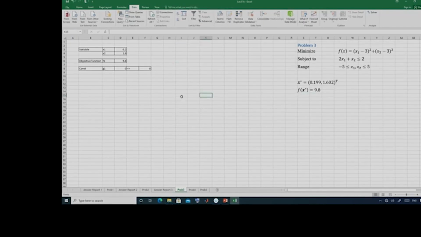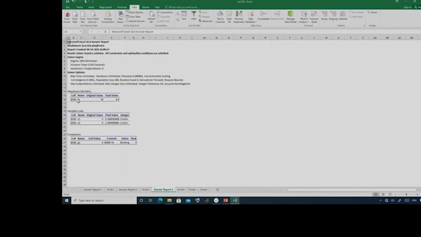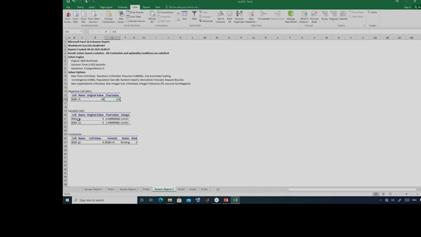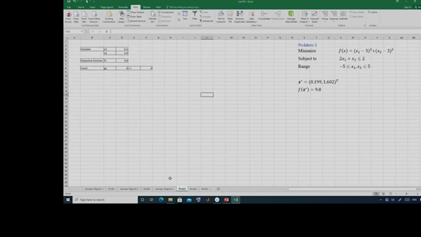So, you can see the objective function value is 9.8, and these are the variable values, that x1 equal to 0.2 and x2 equal to 1.6. Okay. So, I am getting the solution. This is your problem 3.